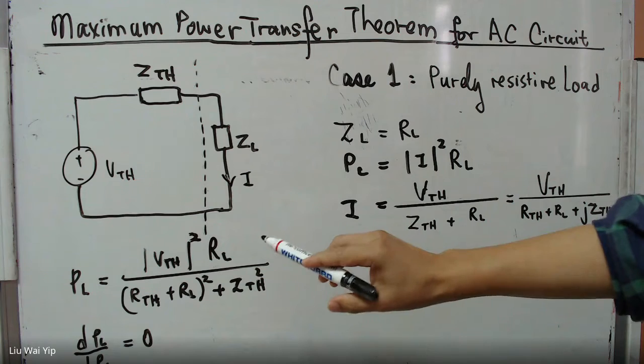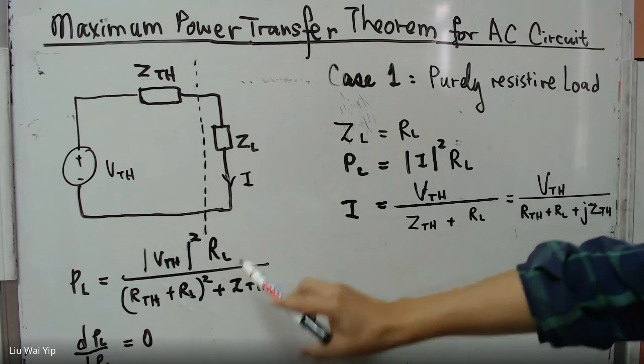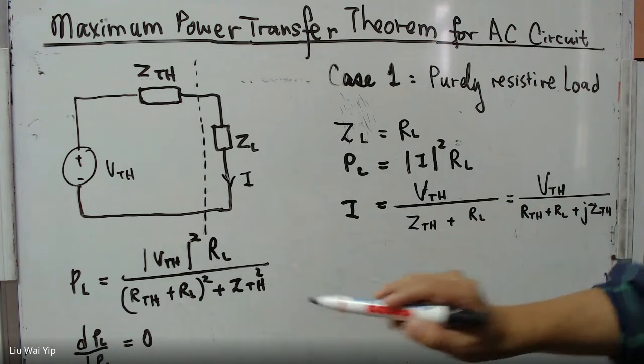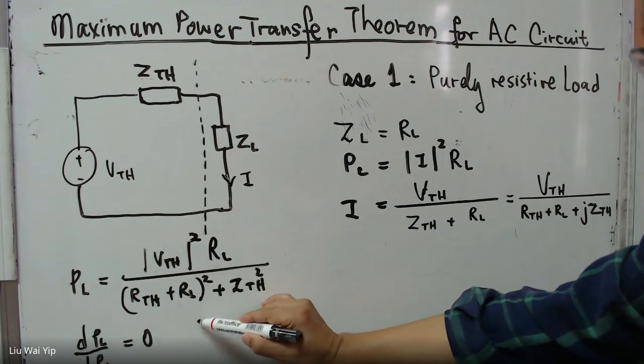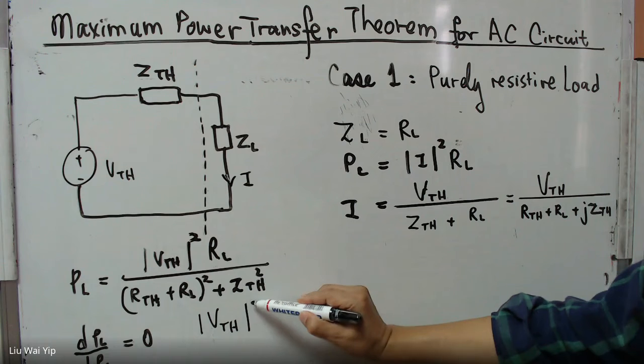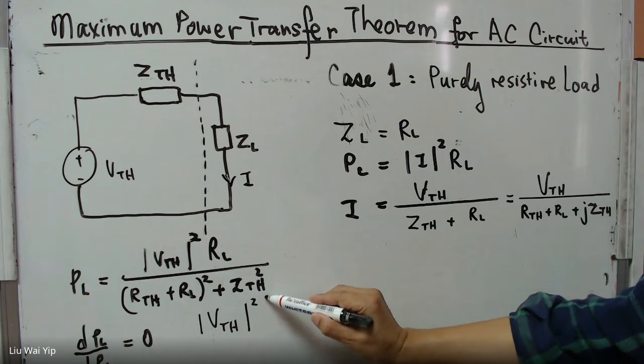And if you do that, then we differentiate this expression with respect to RL. And what we will get here is VTH squared, and then multiplied by this term.